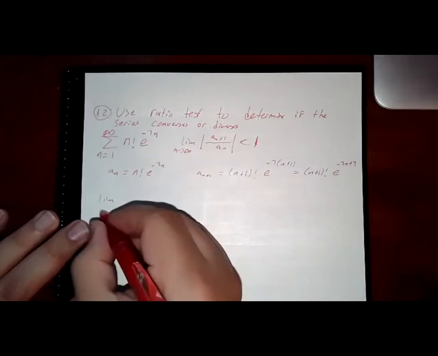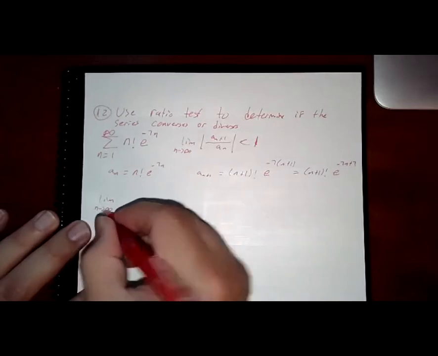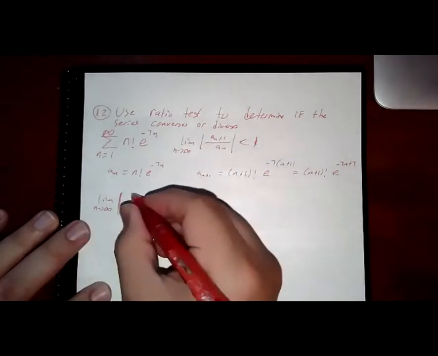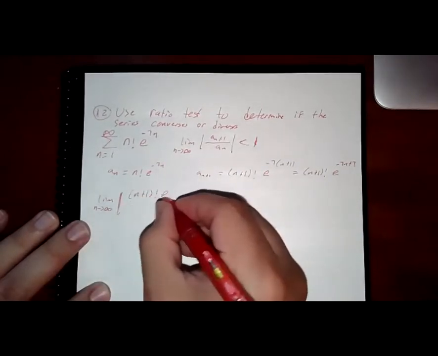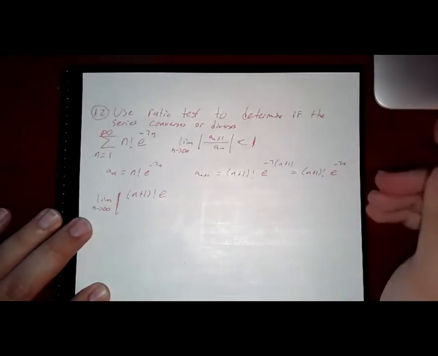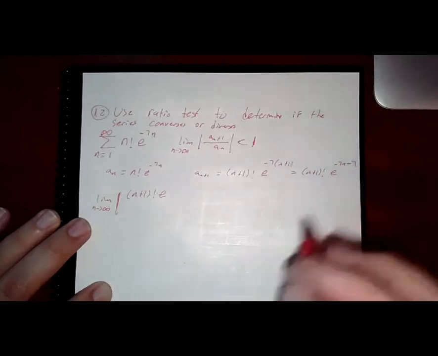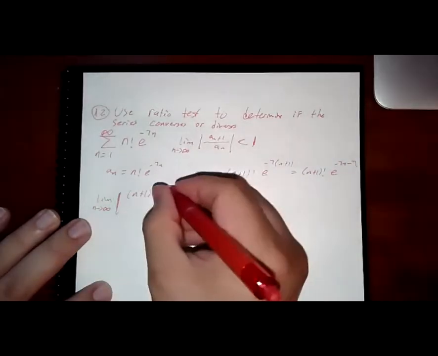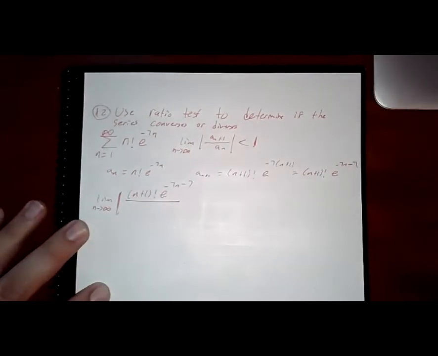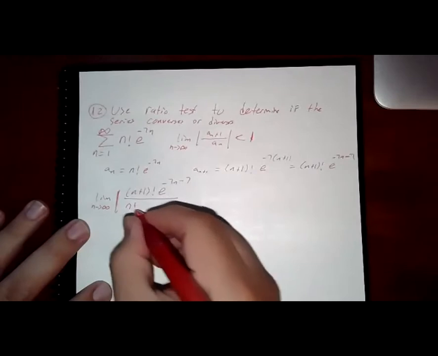Now do the limit as n approaches infinity and create this ratio, absolute value, over e to negative 7n.